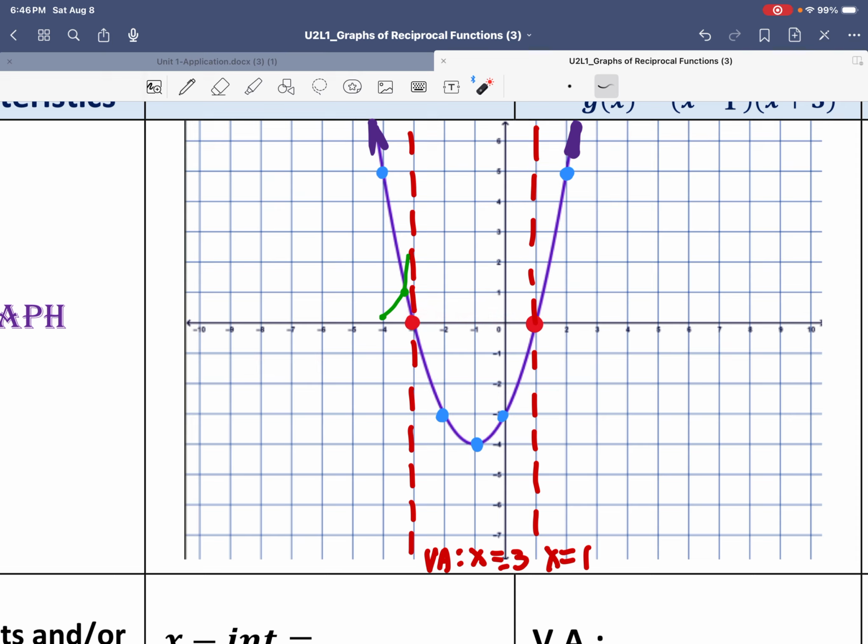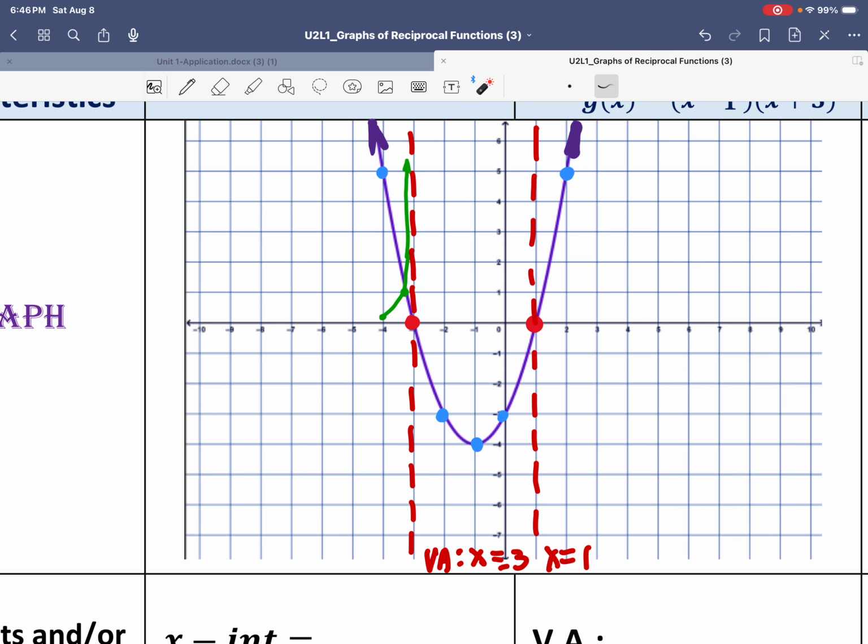When you reciprocate 0.001, you get a very large number, equal to 1000. So that means that the graph will increase, and the closer we get to the vertical asymptote, the greater the y values will become. And obviously the graph cannot intersect the vertical asymptote.